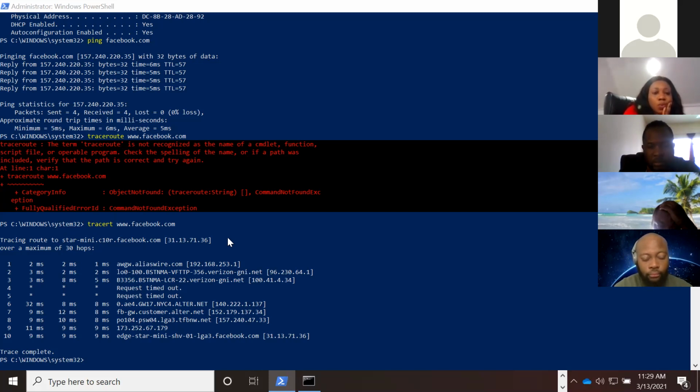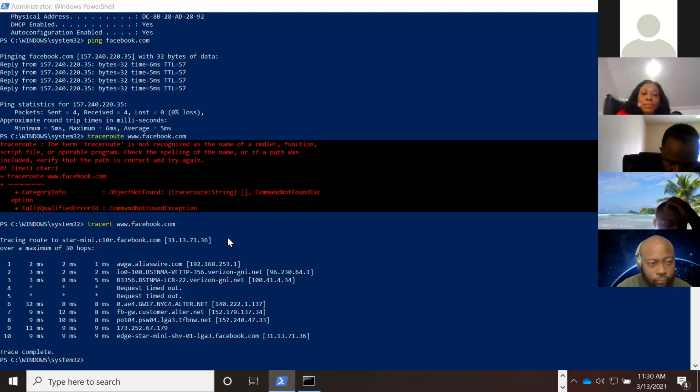So guys, tracert is another command. So what does tracert do? It gives us the hops. When information or packets are moving from your computer, for instance, you say, I want to log into Facebook, I want to access my Facebook page, how is that request moving from my phone or from my laptop to the Facebook site?